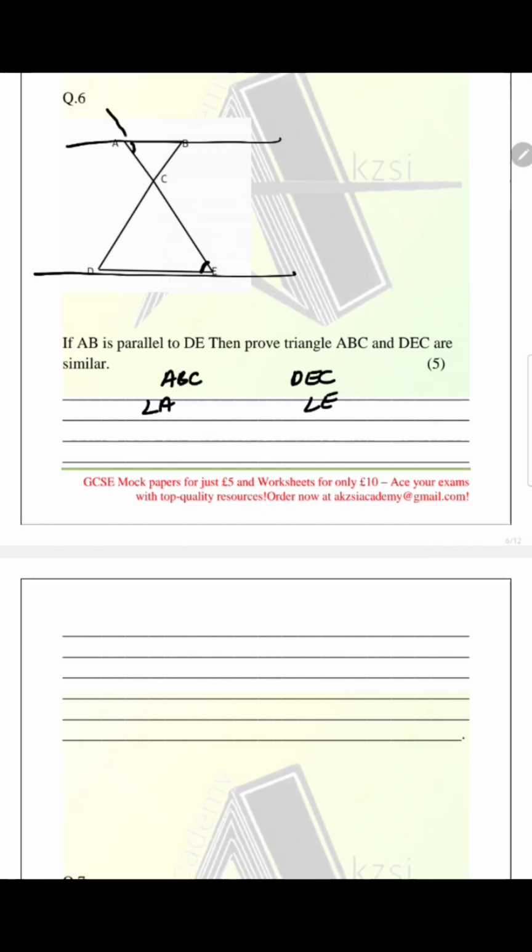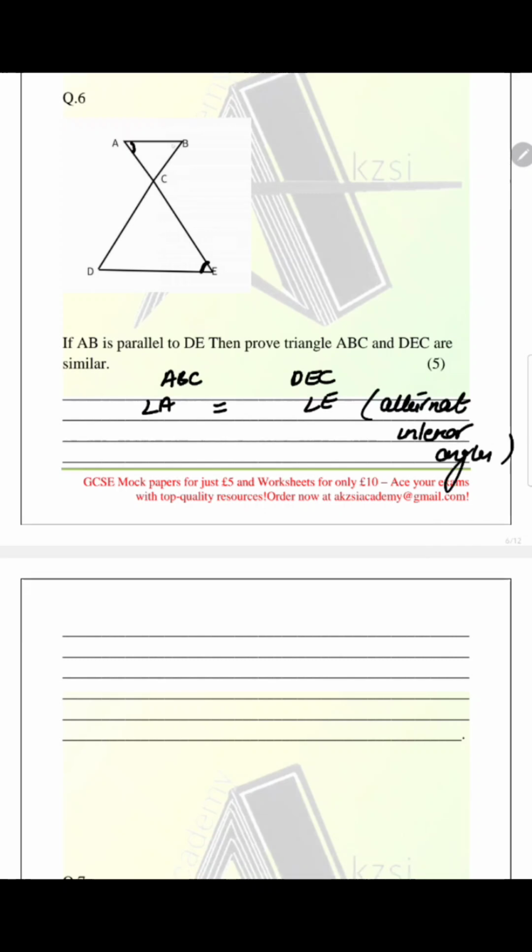This one, let me draw it properly. This one is a transversal, so this angle and this angle are forming alternate interior angles. So which means they are equal by alternate interior angles.